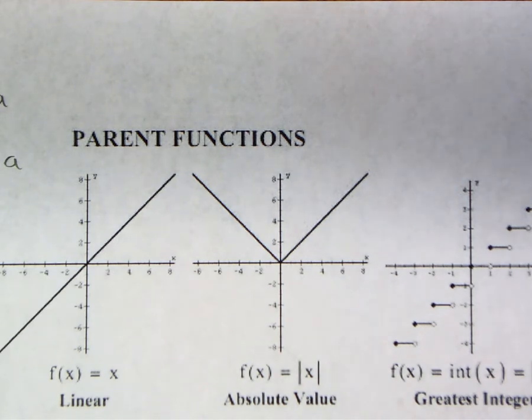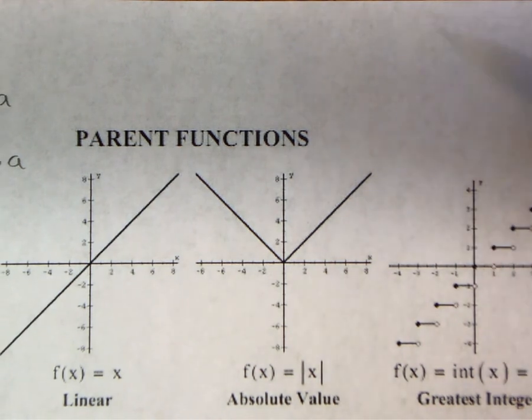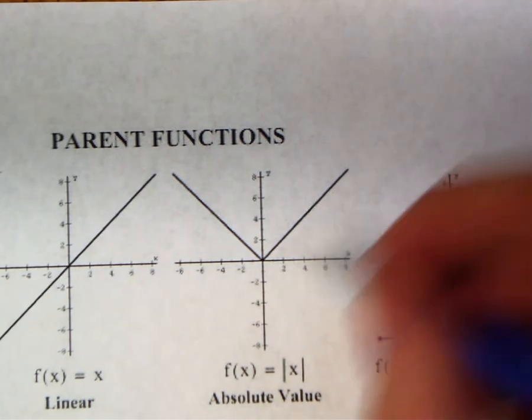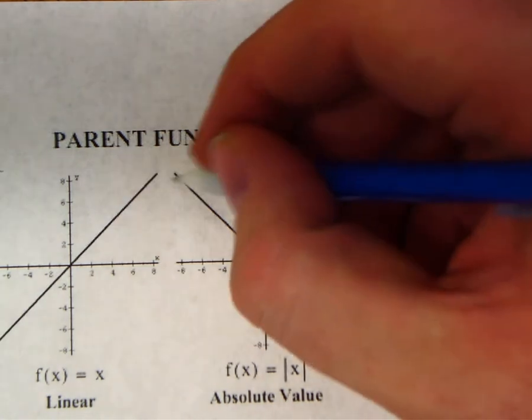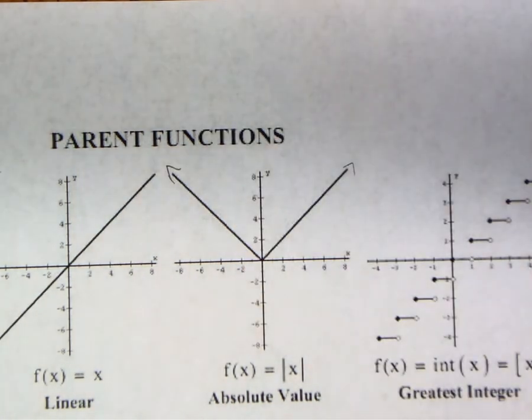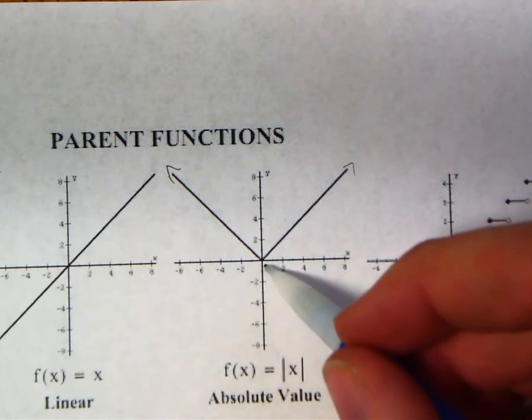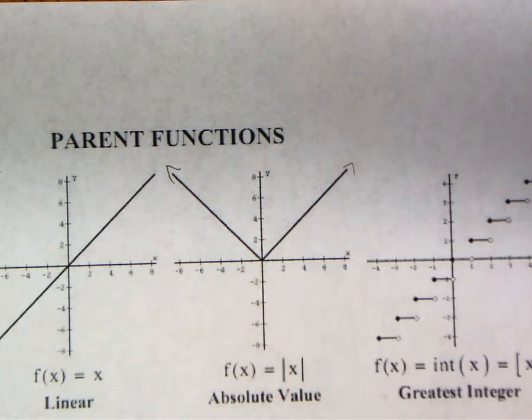Alright, let's go ahead and find it. In this case, right off we can see, what's our lowest y value going to be? If we look, it's growing outward and going in an upward direction. Each of these are going to be going upwards. But here, this is going to be our lowest point that we can come up with.